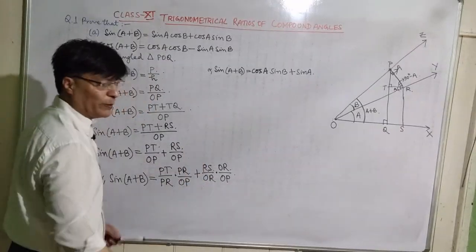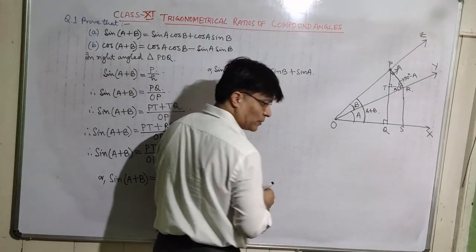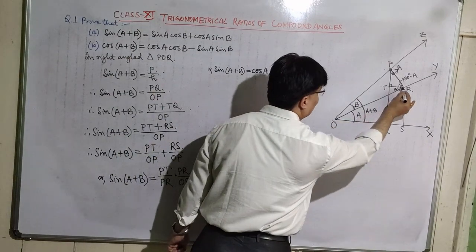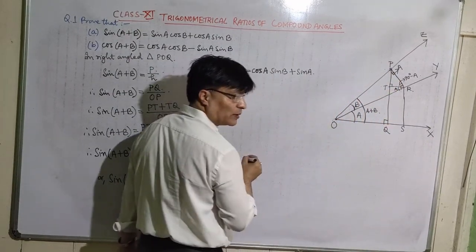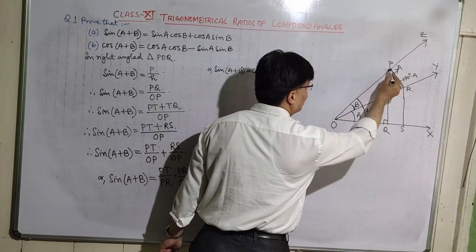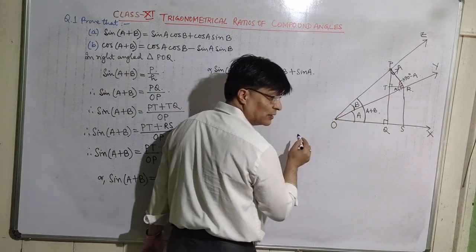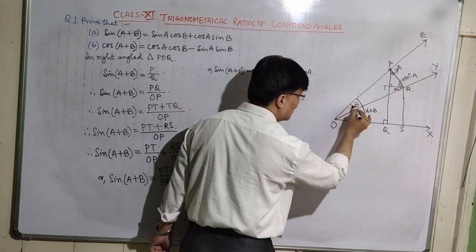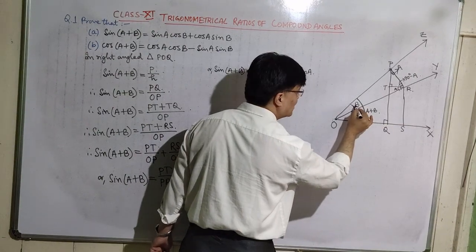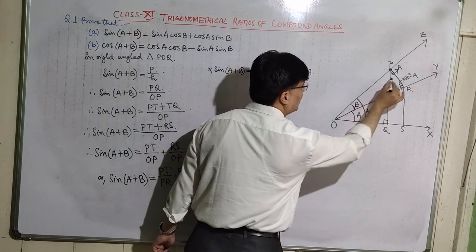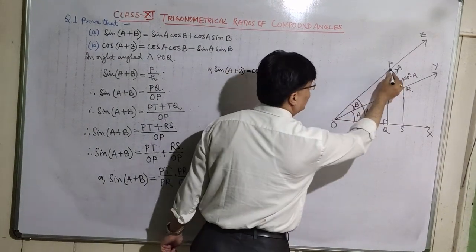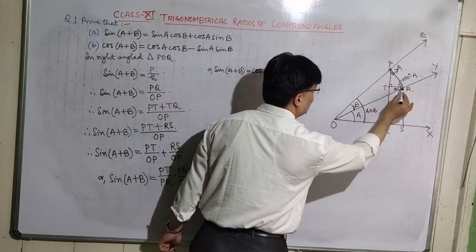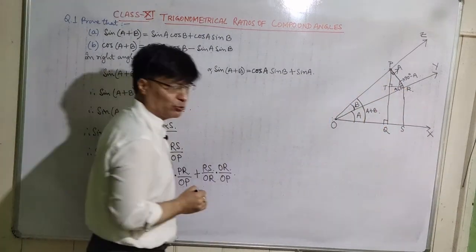What is OR upon OP? Now the right angle triangle POR is considered. In this case, this angle B is considered, and the side opposite to the angle B will always be the perpendicular. So PR is the perpendicular, OR is the base, and OP is the hypotenuse.